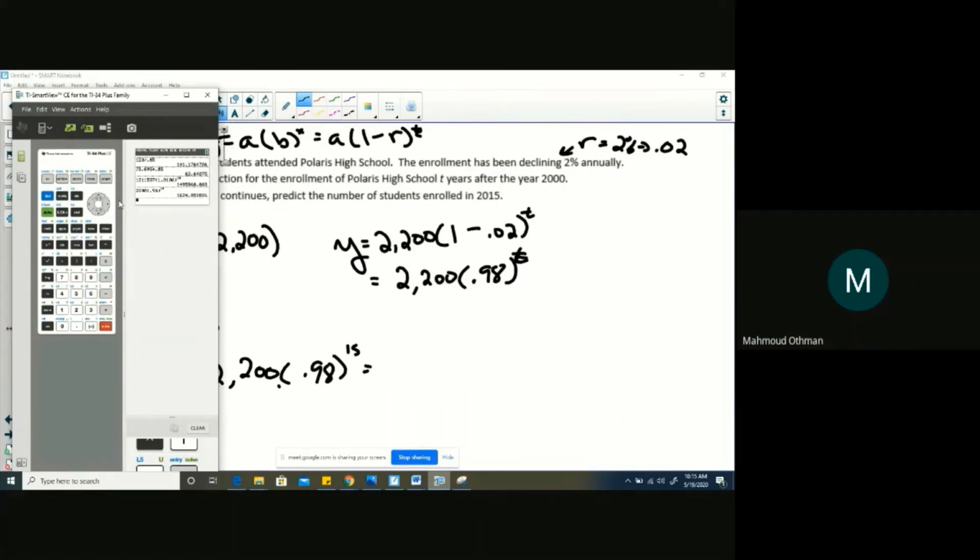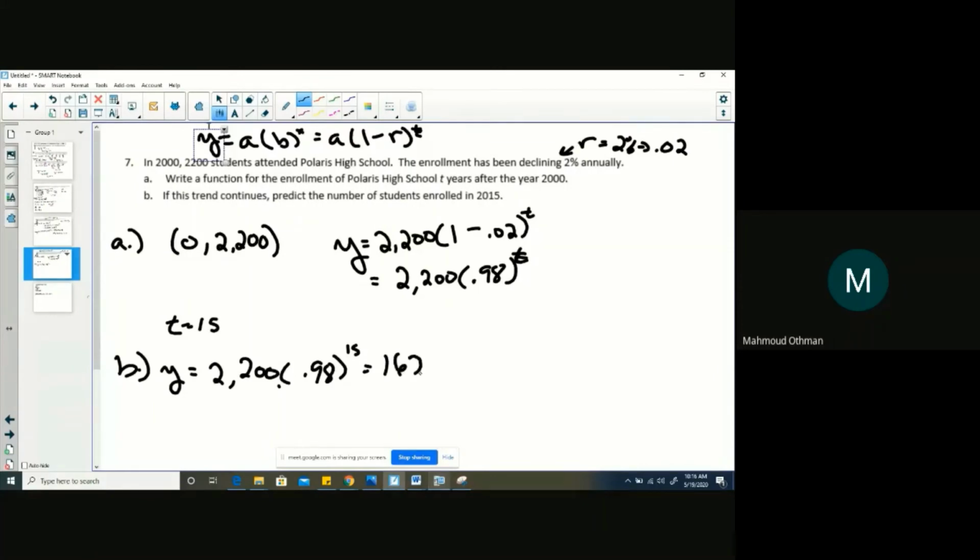And I get 1,624.85. Remember, you can't have 0.85 of a person, so we're going to round up. So I have 1,625 students in 2015. And that is it for that problem.